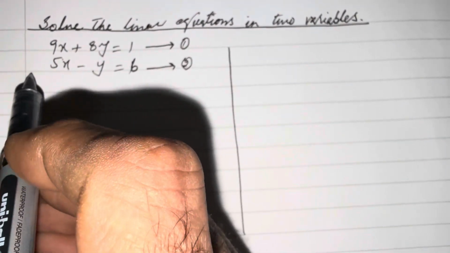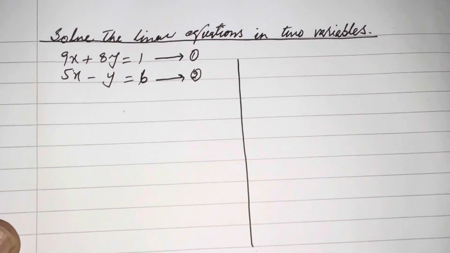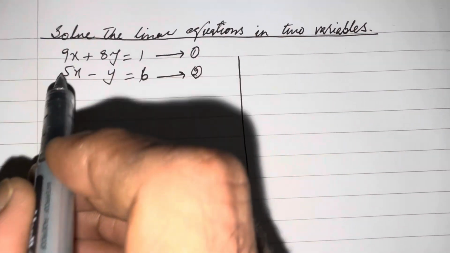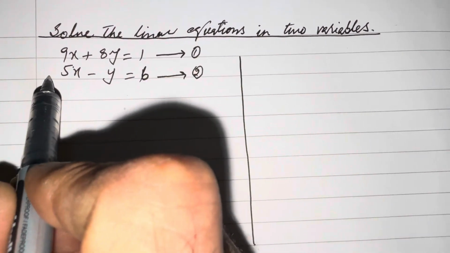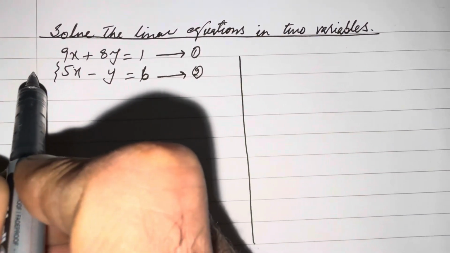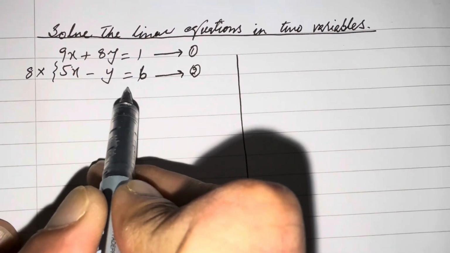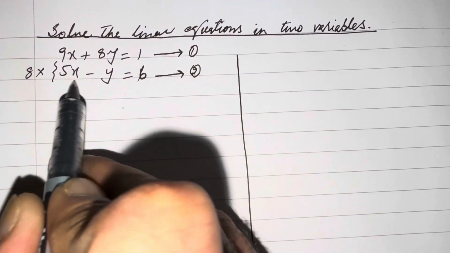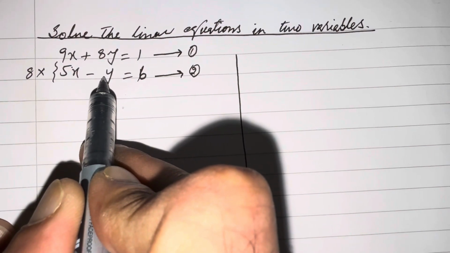So in the first step, we are going to multiply the second equation with number 8. So if we write 8 multiplied by equation number 2, then we will get the same coefficient of y variable.